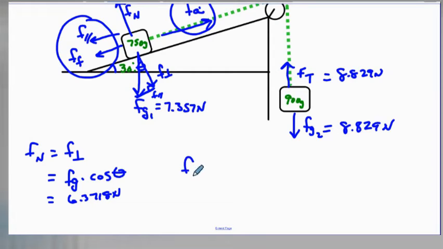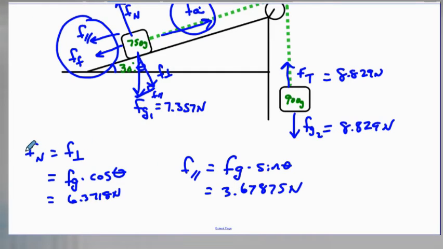We can find our parallel force, and that is going to be the Fg times the sine of theta. And in this example, our Fg times sine theta is going to be 3.67875 newtons.